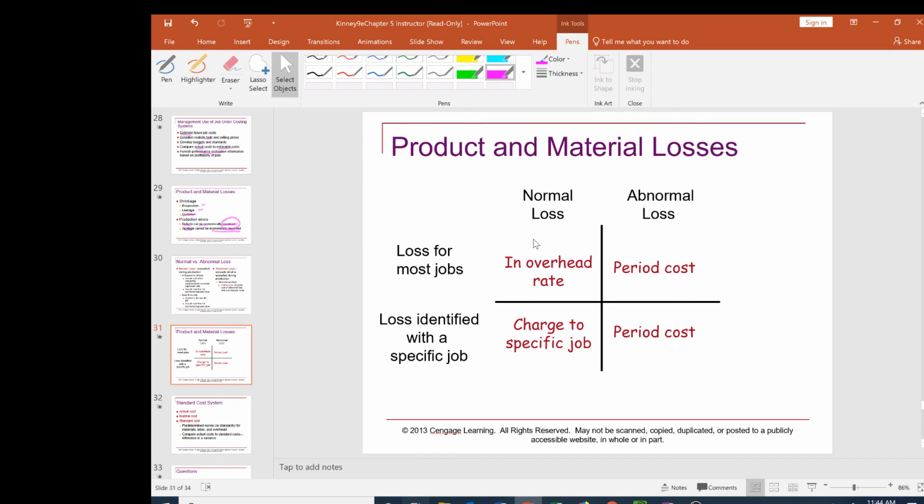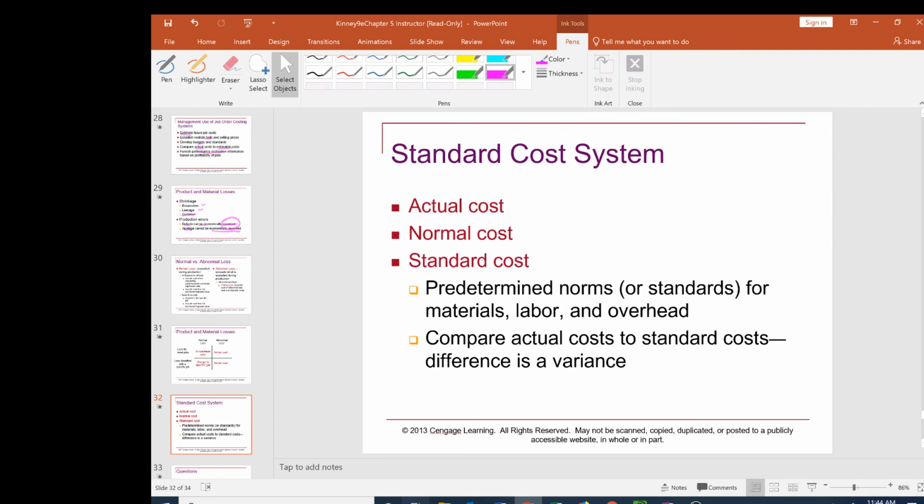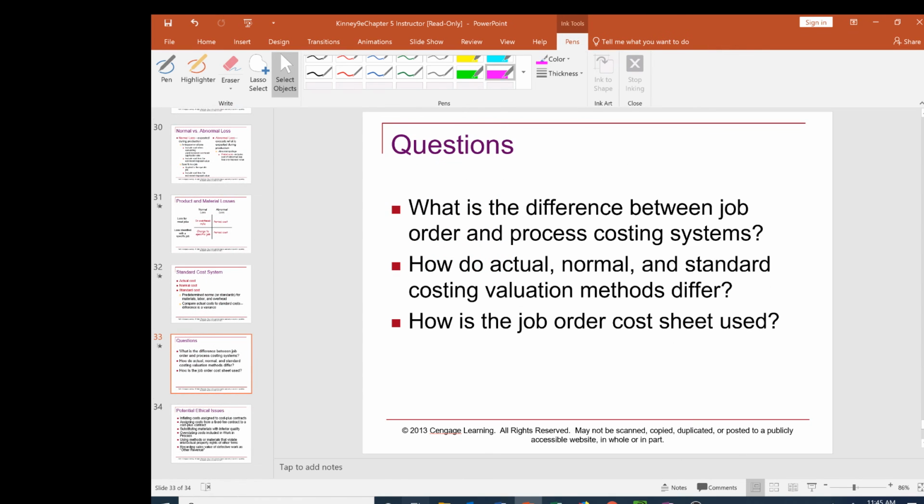Product and material losses: normal loss, abnormal loss, period cost. Standard cost system we won't talk a whole lot about until we have a whole chapter on it.